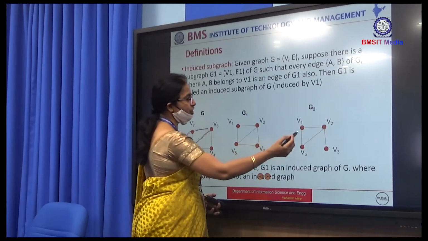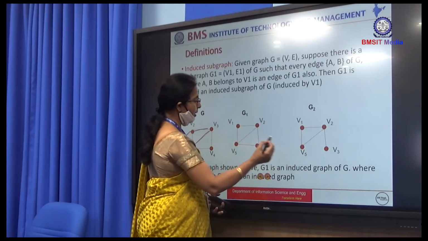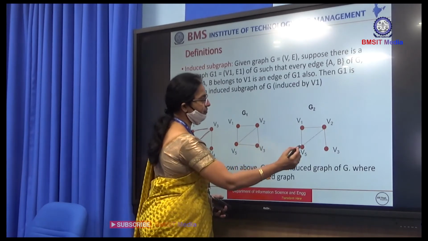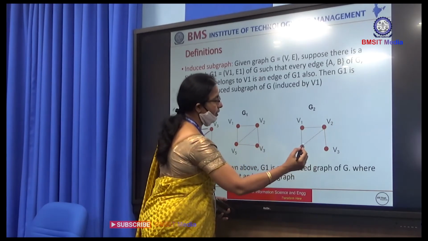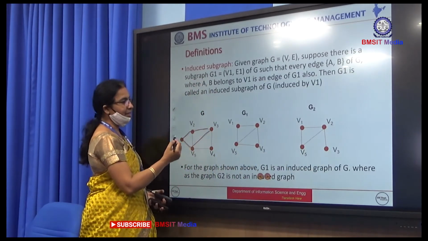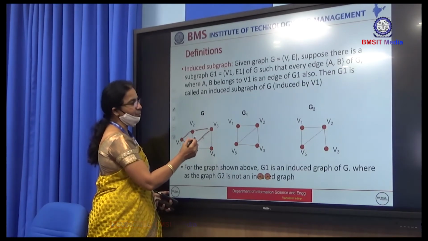So here in G2 I have considered the same set of vertices, but the edge V5 to V3 is missing here. But in the original graph there is an edge V5 to V3, and this edge is missing.